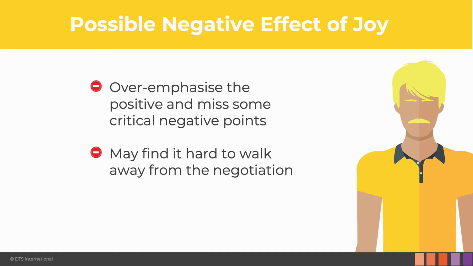In addition, a possible negative effect of joy can be that we may find it hard to walk away from a negotiation. So you may be bought into the negotiation emotionally. However, the outcome might not serve you, and you'll find it really hard to walk away from a negotiation.